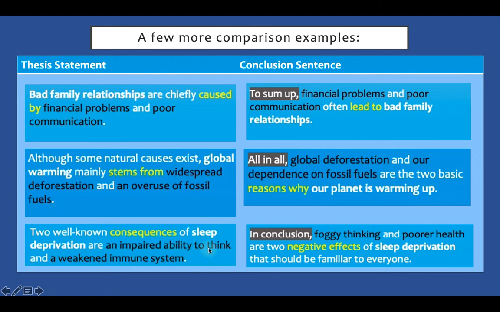An impaired ability to think changes to foggy thinking. A weakened immune system changes to poorer health. And consequences is negative effects. But notice that for all of them, we have a conclusion phrase at the start, and we're starting our conclusion sentence with the two subtopics. And that's one really good way to make sure that it's different from your thesis statement.